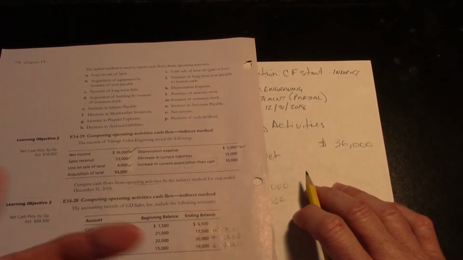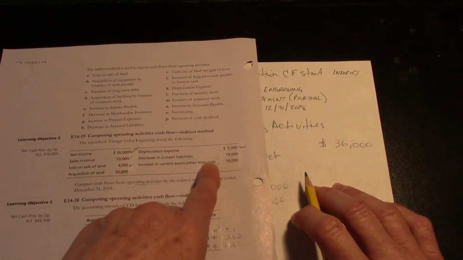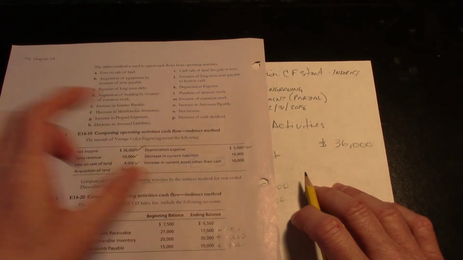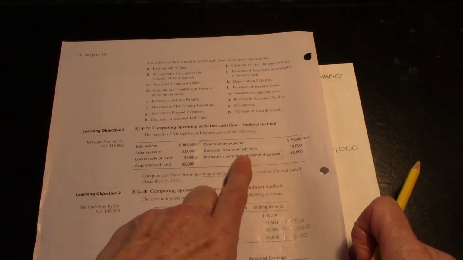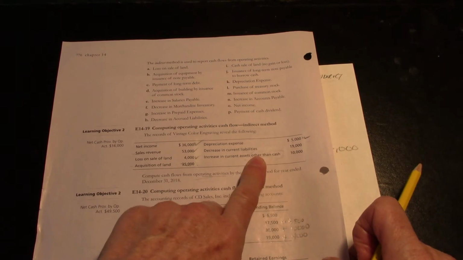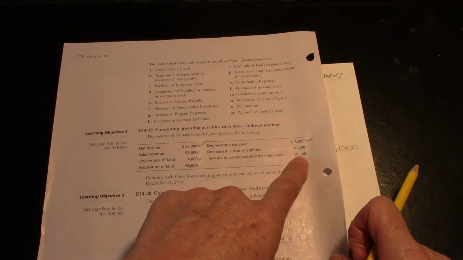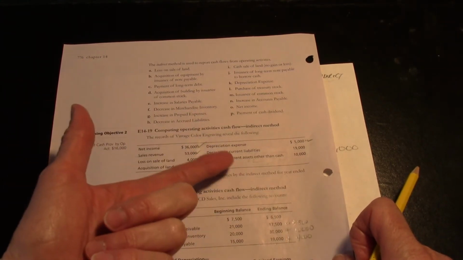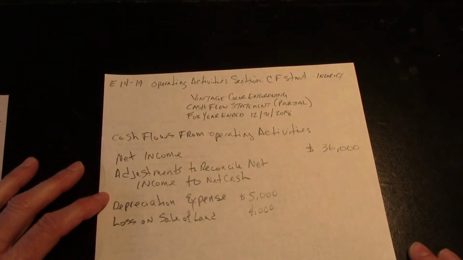Okay, so next thing you would look at is you would compare your balance sheet current assets, and here they're telling us current assets other than cash. This is important. You don't adjust cash, right? That's the point. So you don't worry about cash when you're doing this adjustment. So there are things like their inventory, their accounts receivable and things increased. All right? So on assets, if assets increase, you subtract that cash flow from the net income.